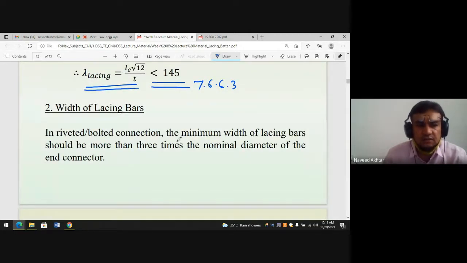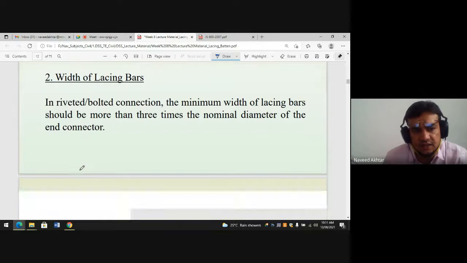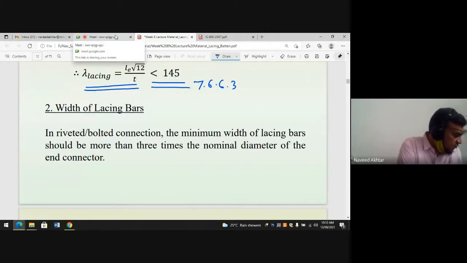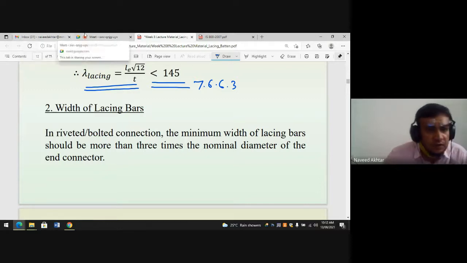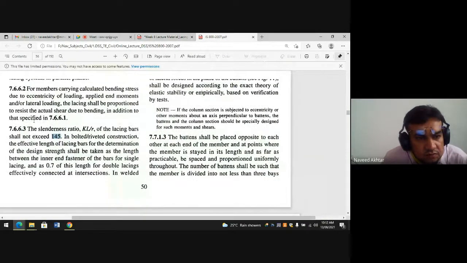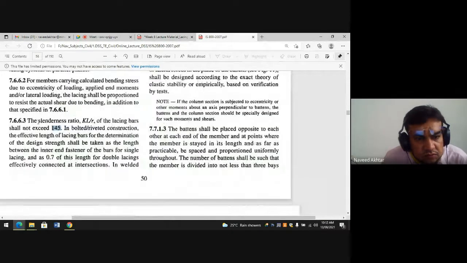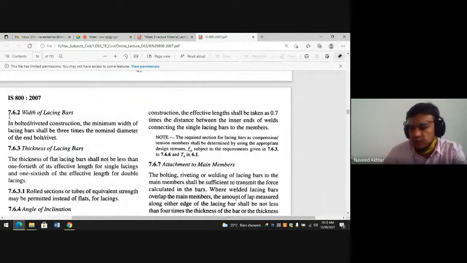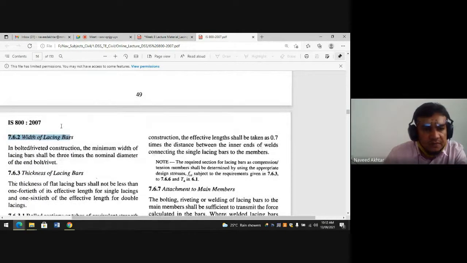Now the width of lacing bar. In riveted or bolted connection, the minimum width of lacing bar should be more than 3 times the nominal diameter of the end connector. Clause 7.6.2, do you see it? This clause is on page number 50.